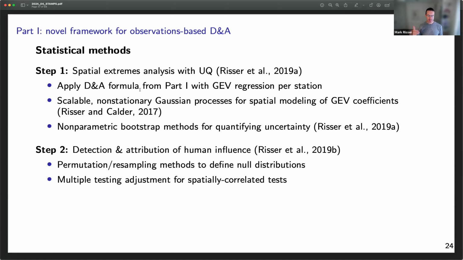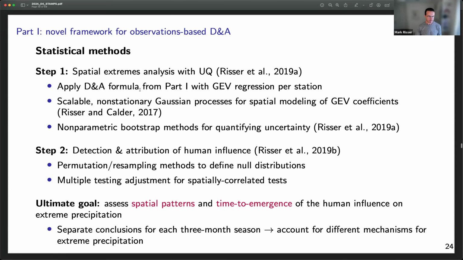Once we've done that, though, we do want to take this a step farther and look at significance testing. So for the actual detection and attribution, we use resampling methods to define null distributions. And also, since we're looking at a spatial distribution of tests, when we look at these things locally, we have a multiple testing adjustment to make sure that we're not overconfident in our results.